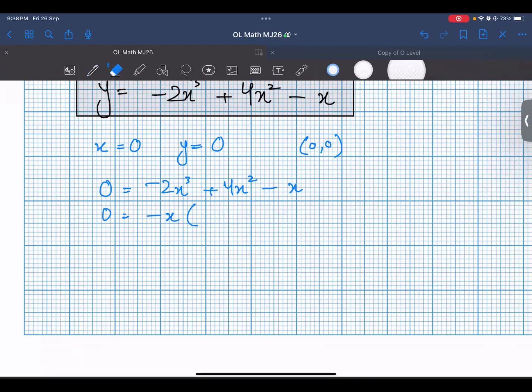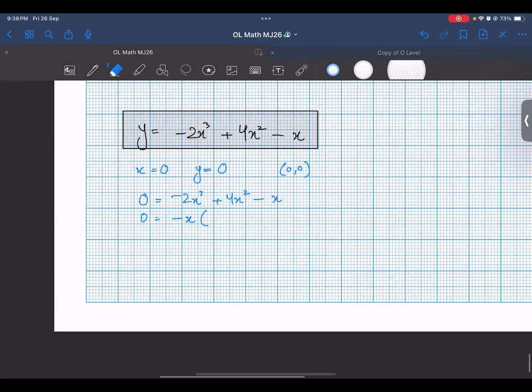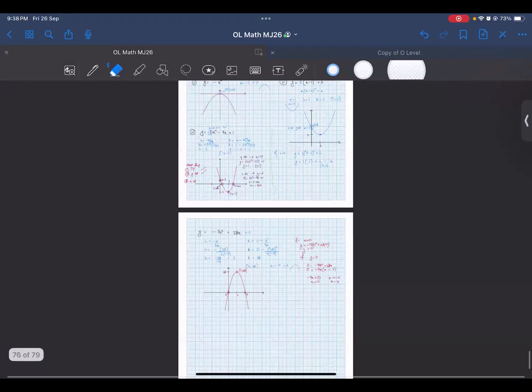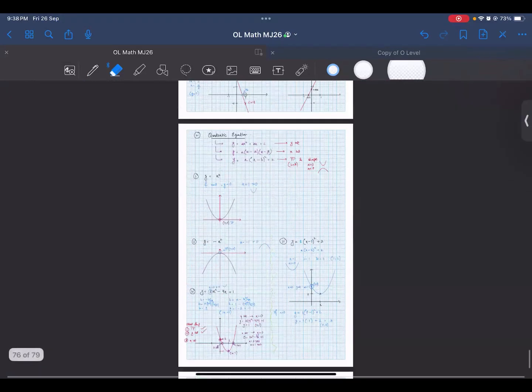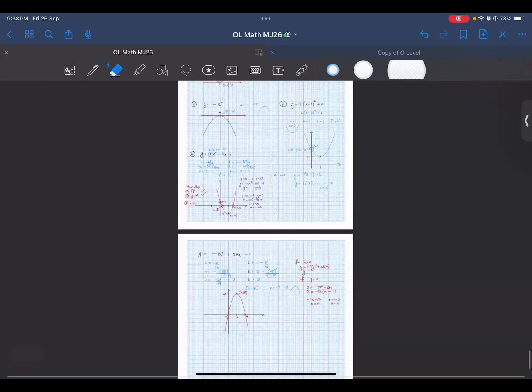Well, wait a minute, I'll have to change the equation. This will cause us problems when solving. Let me find a better equation.